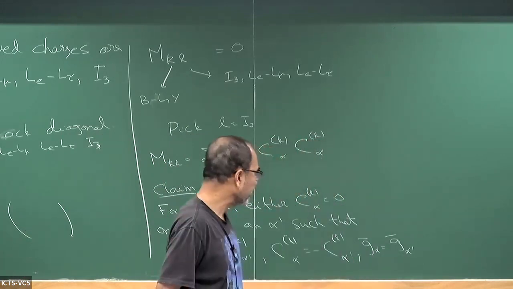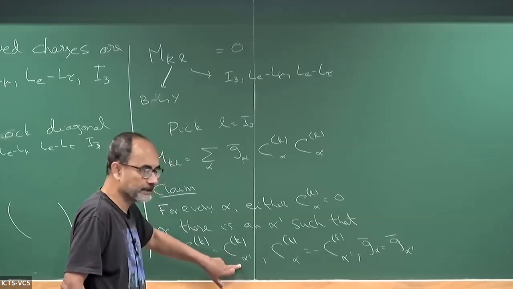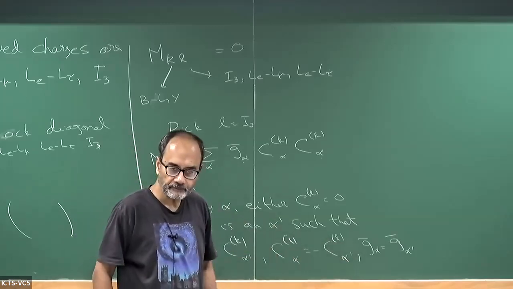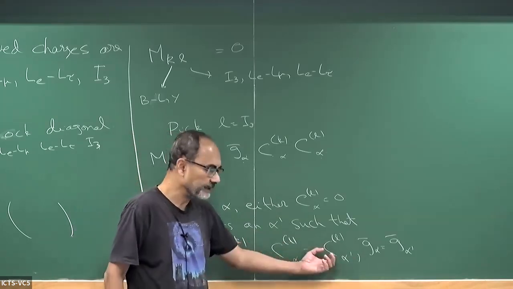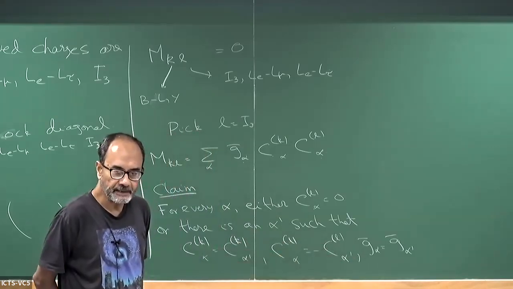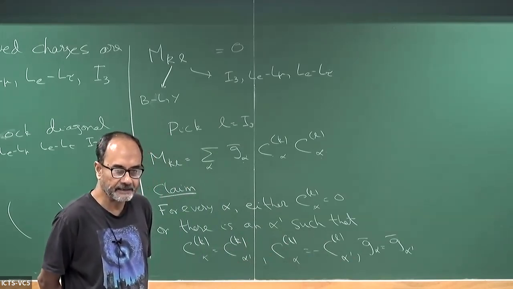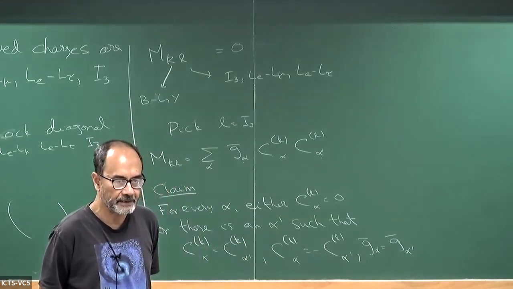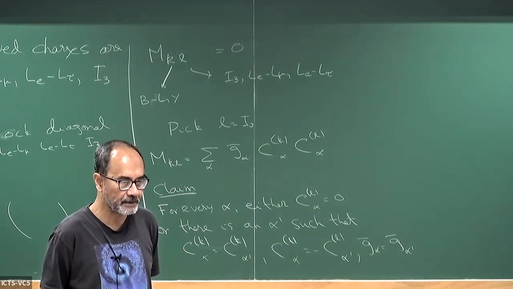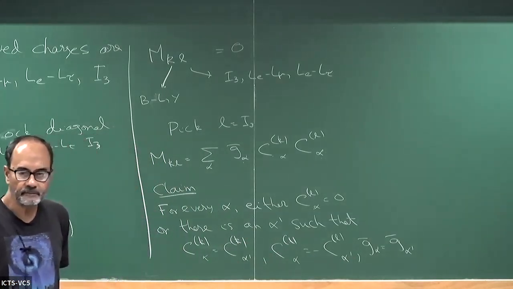So that's the argument that given any alpha, there is always an alpha prime which doesn't change the B minus L value, but changes the I3. And G bar is the same because it's the same particle, same multiplicity, because the SU2 transformation doesn't change the multiplicity. If it has spin 1, it will remain spin 1. If it has spin half, it will remain spin half. Is this point clear?